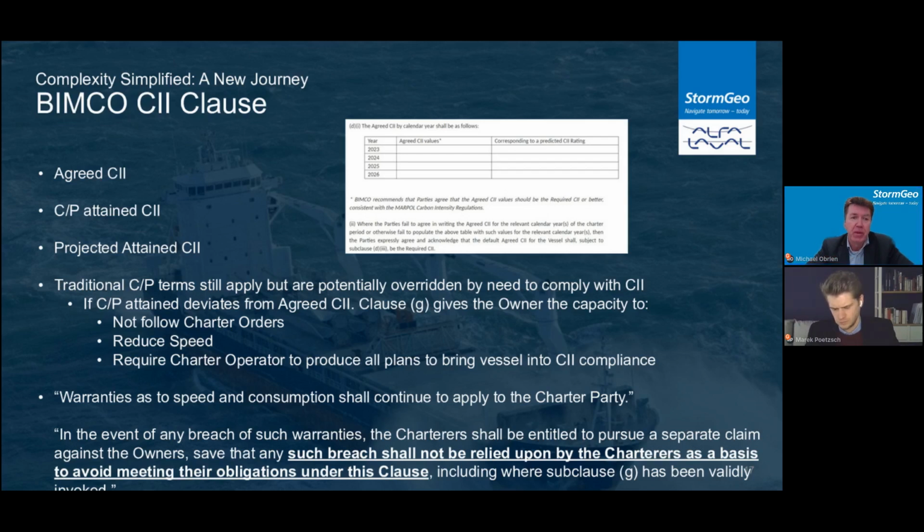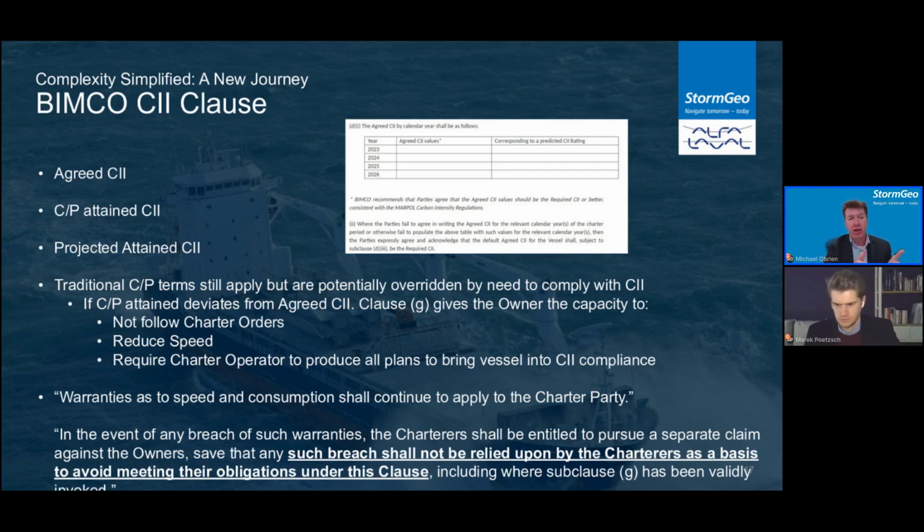The CP attained CII is the ongoing CII from the moment that the ship has taken delivery and what she's actually achieving. And this is, of course, extremely important, and it's something that both parties are going to have to keep a close eye on. And there's a potential for an owner in this case to have to maintain two sets of data. And why is that?